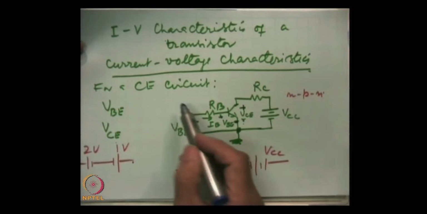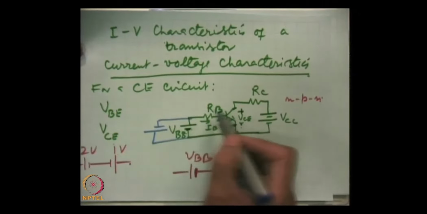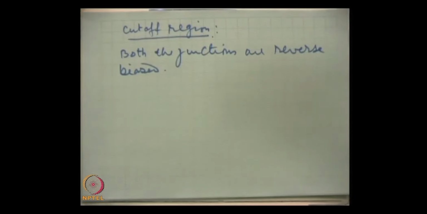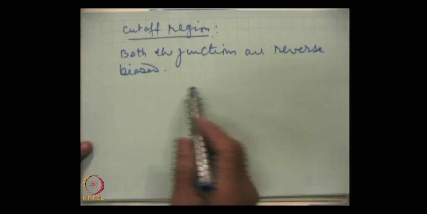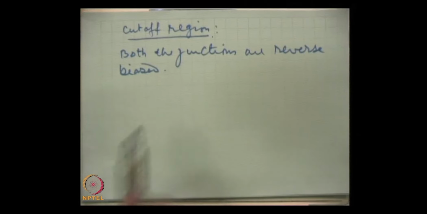So, once we make it, this P type base is getting a negative voltage. So, that junction is reverse biased, and of course, the output junction is already reverse biased. So, both junctions are reverse biased, and here also we have discussed that for amplification purposes this region is also not to be used.